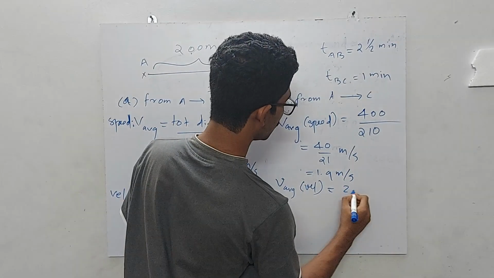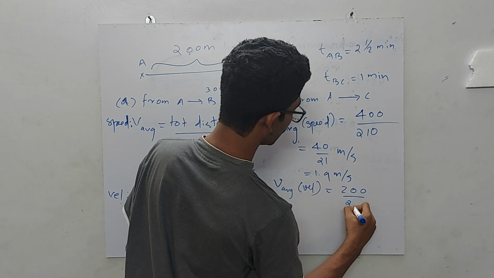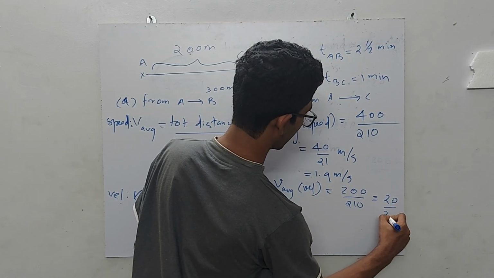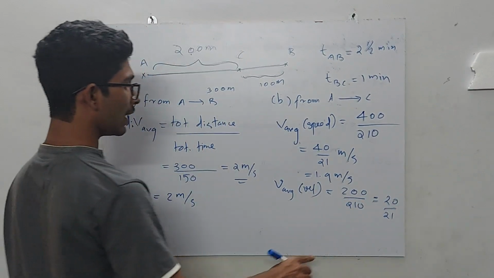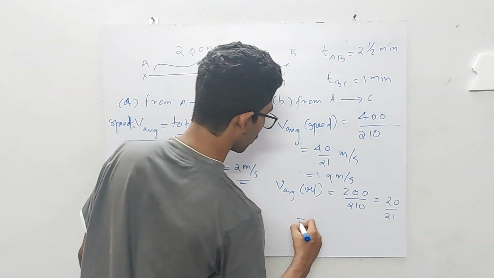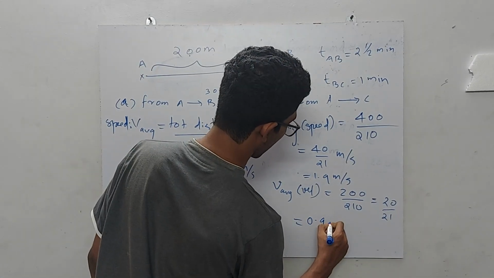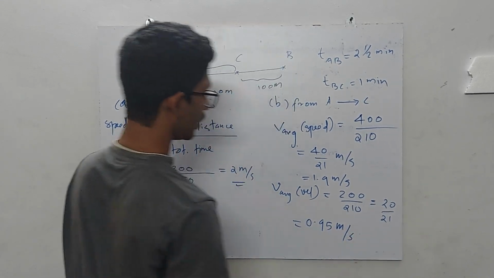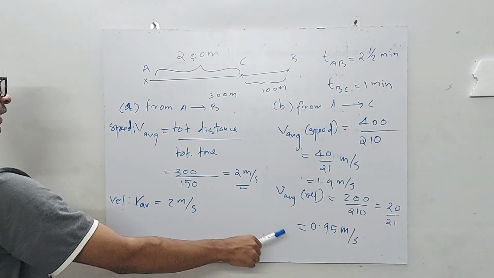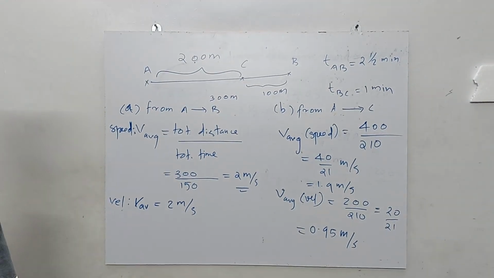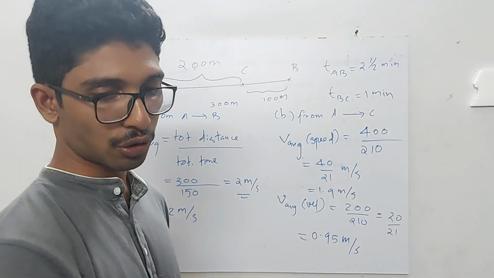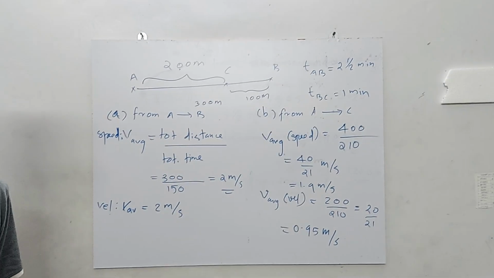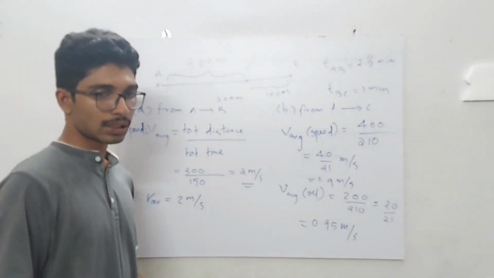So that would be 200 meters divided by 210 seconds, that's 20 by 21, which is around 0.95 meters per second. So these are the average speeds and velocities in both the cases. I guess this question is also clear to all. Okay, now let's move to the third question.